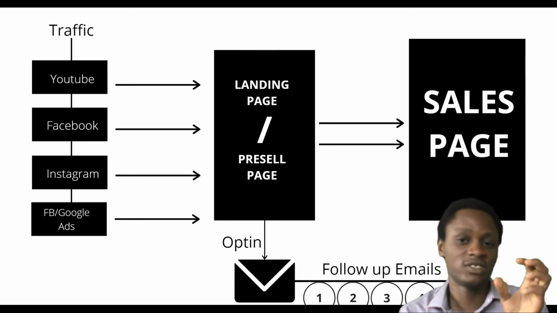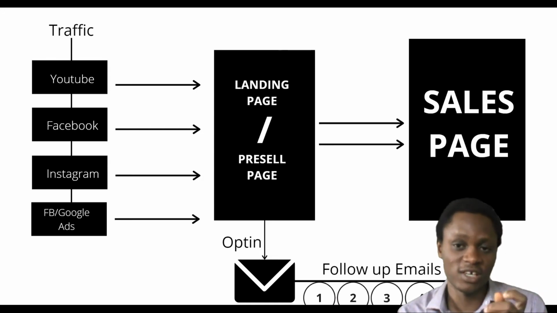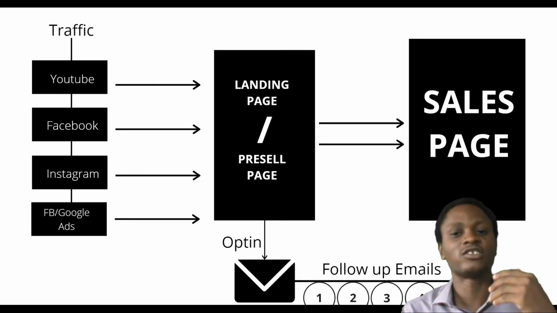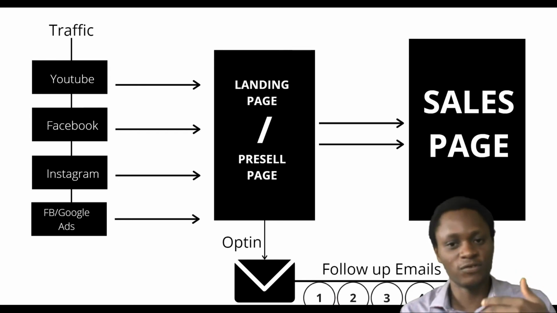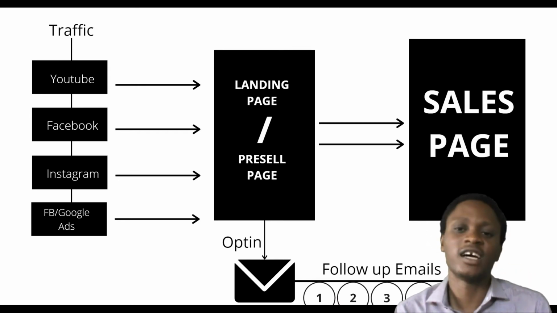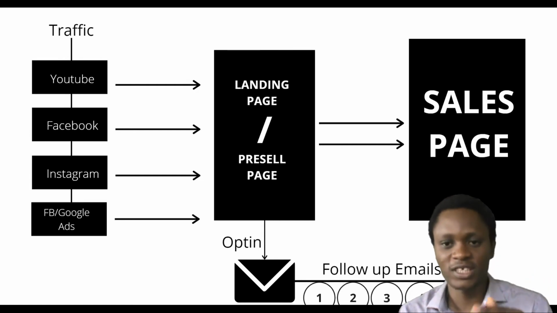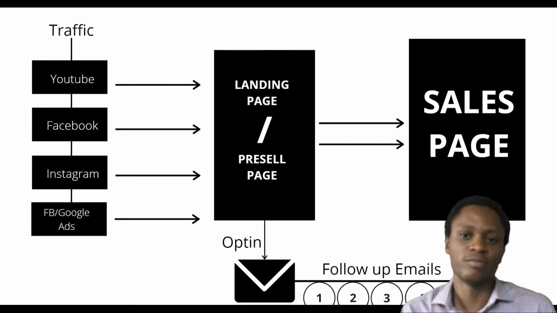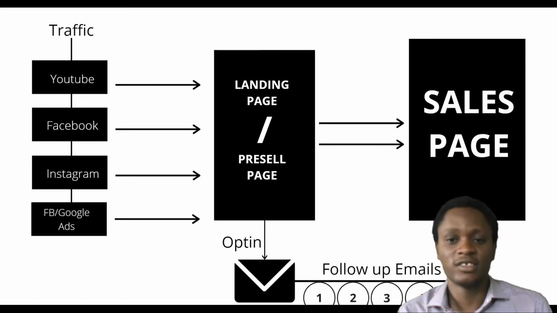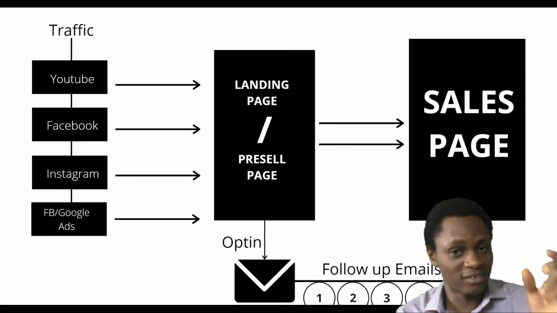That's why I'm teaching you this advanced technique, so that you'll be able to remarket to the person, so that if the person is convinced maybe a few days after, you can still have access to contact the person and make the person buy eventually.